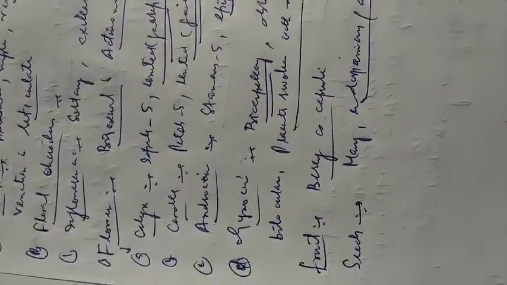Gynoecium is bicarpellary, consisting of 2 carpels which are obliquely placed and generally united with each other, that is syncarpous. Ovary is superior, bilocular, placenta swollen with many ovules, and placentation is axile. Fruit is berry or capsule, and seeds are many, which are endospermic or albuminous.